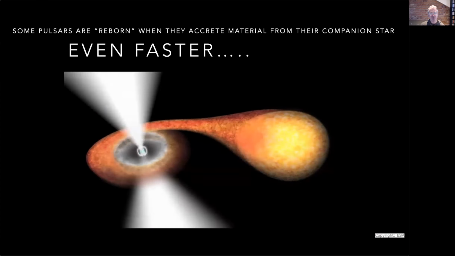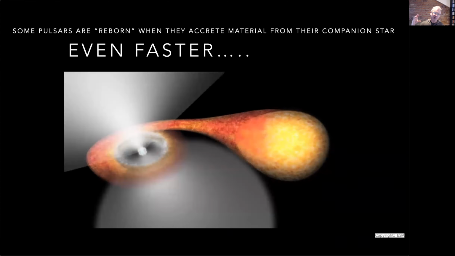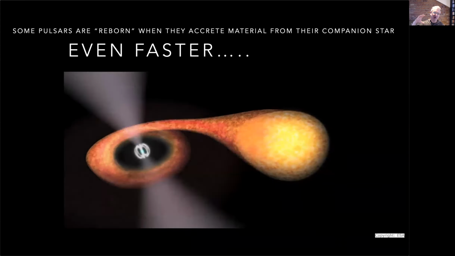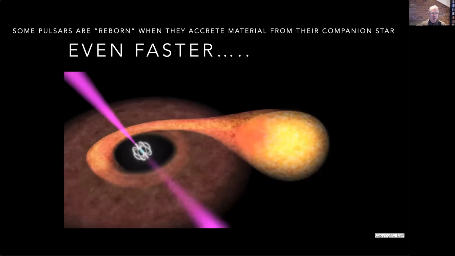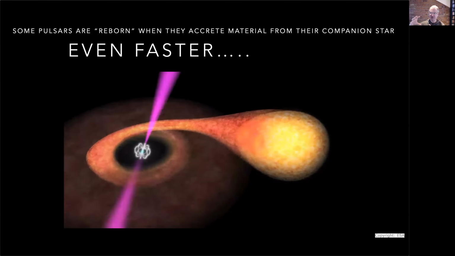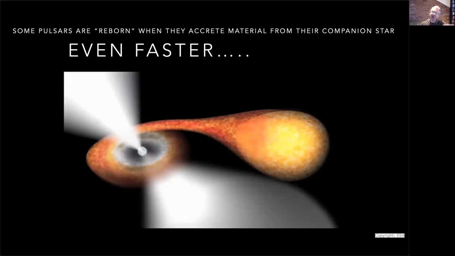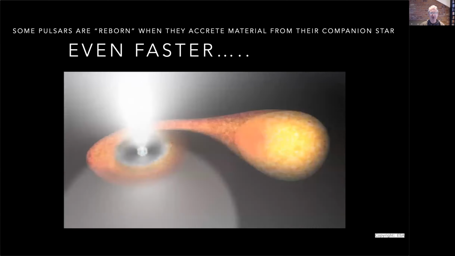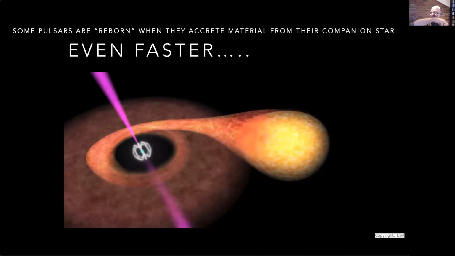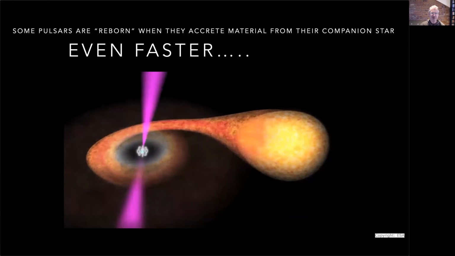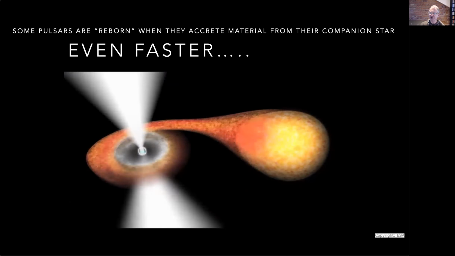And when its radius increases, then material which is gravitationally attracted to the star is no longer preferentially attracted to the star, but would rather be gravitationally bound to the pulsar. And so it falls from the star, as shown here in the animation, down into a region we call an accretion disk.